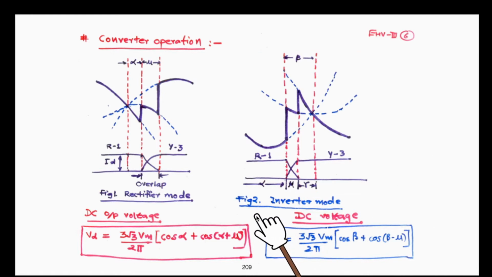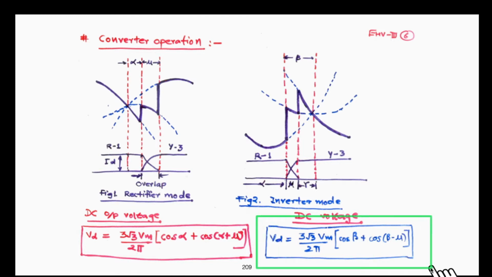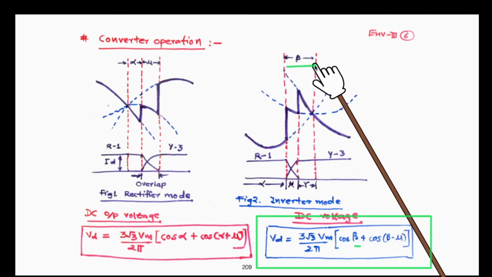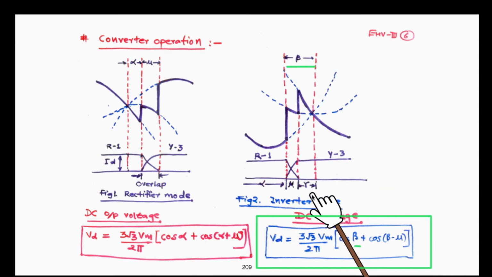The DC output voltage for the inverter can be represented as VD equal to 3 root 3 Vm upon 2 pi, times cos beta plus cos of beta minus mu. You can clearly see this beta is the sum of the commutation overlap and extinction angle.